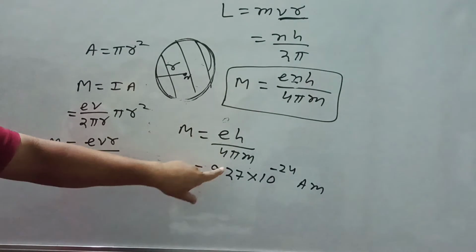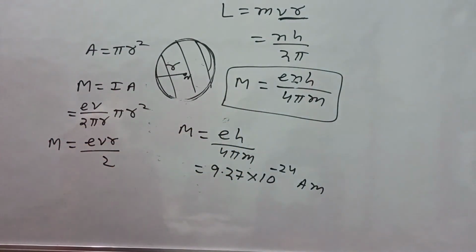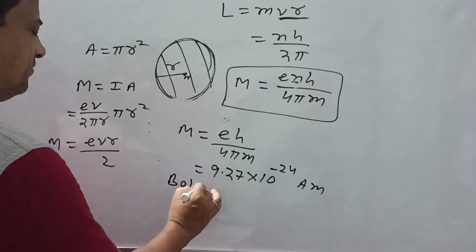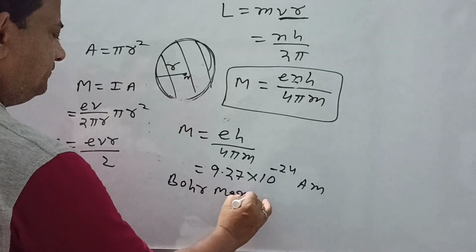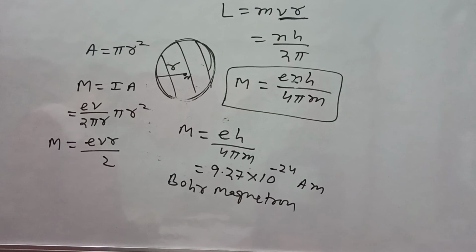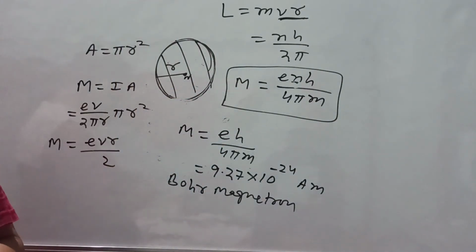That's why this value is for the Bohr magneton. Similarly, one can find out for the second orbit, third orbit, and so on. This is the magnetic moment and also the Bohr magneton of a moving electron.